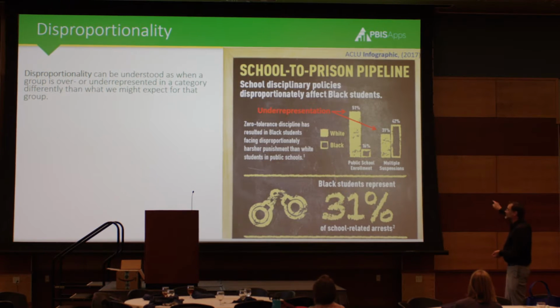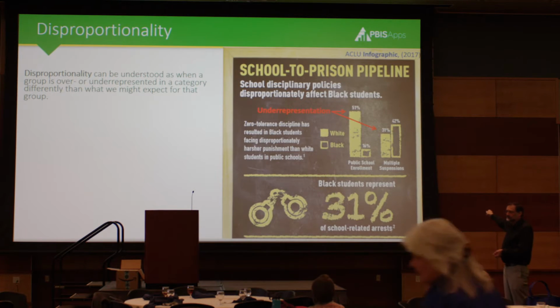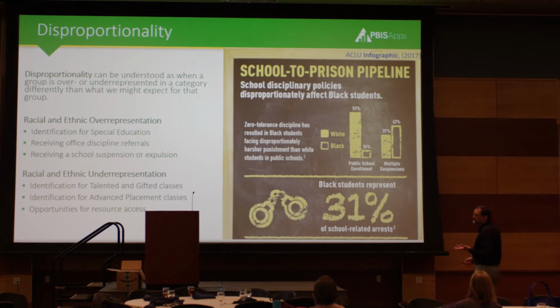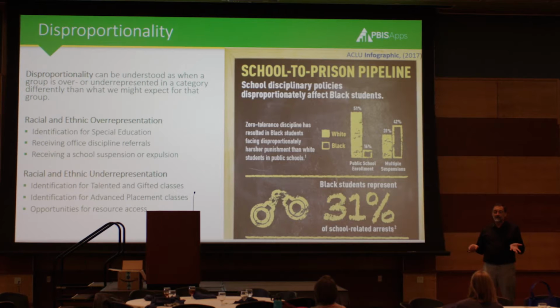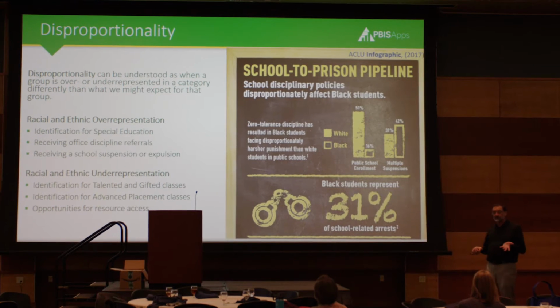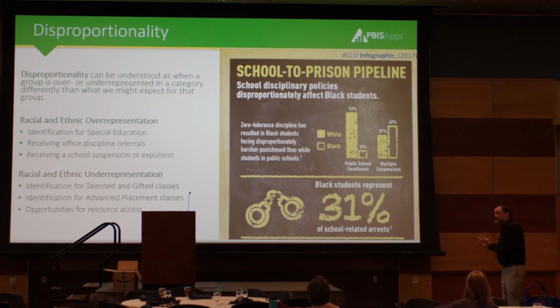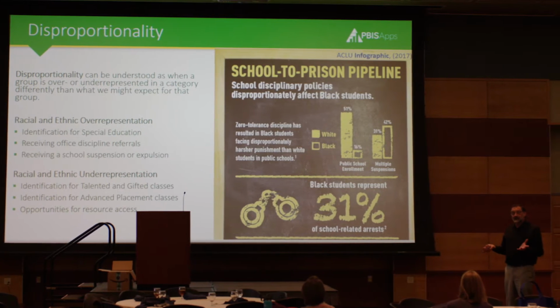At the same time, we have underrepresentation because 51% of the population only sees 31% of those multiple suspensions. We see this overrepresentation a lot in identification for special education, discipline referrals, suspensions, expulsions. And we see underrepresentation when we look at different groups of students for identification for talented and gifted classes, advanced placement opportunities, opportunities for resource access within the schools.